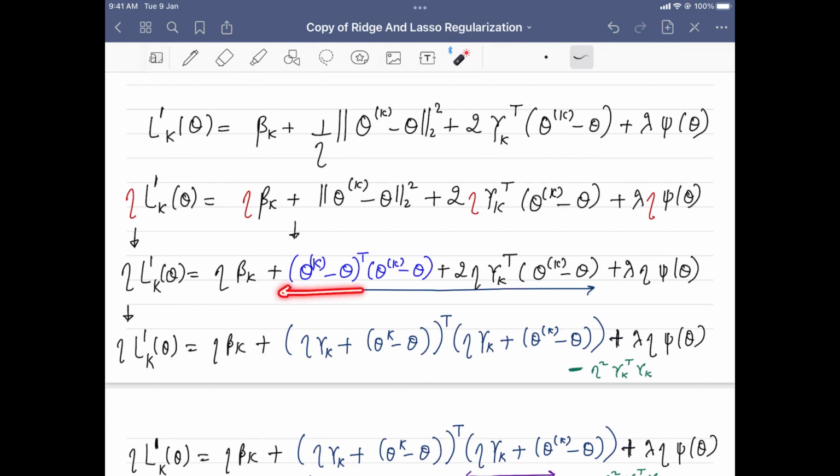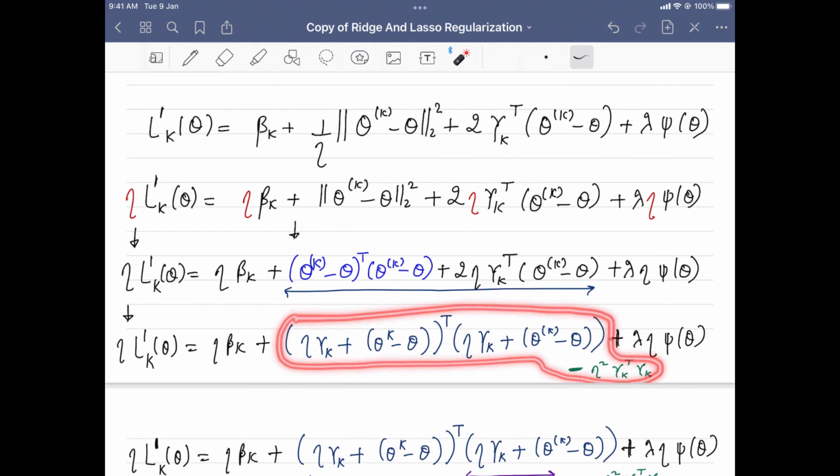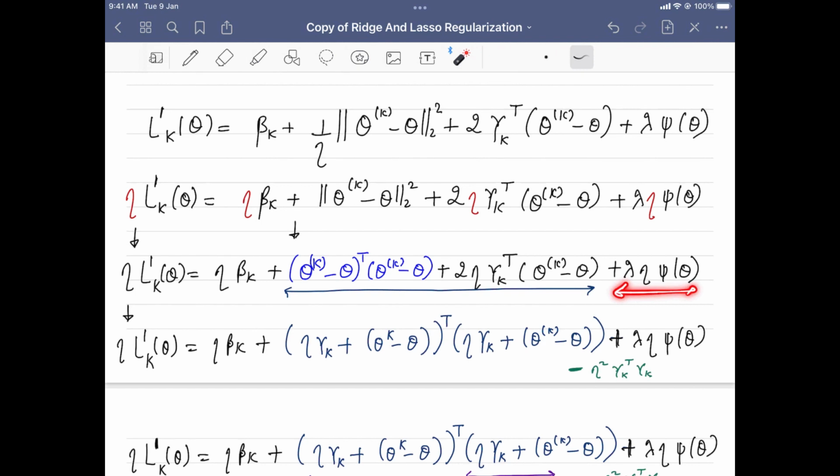So the terms which are here will be replaced by these terms which are given over here. And this is the original one which is over here. So this is all mathematically algebraic manipulations which I am doing. So there is nothing rocket science over here. It's just simple manipulations of the terms.